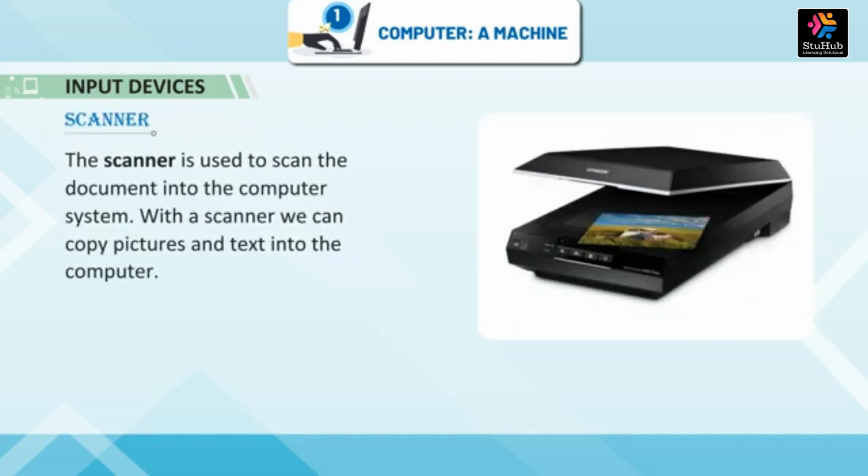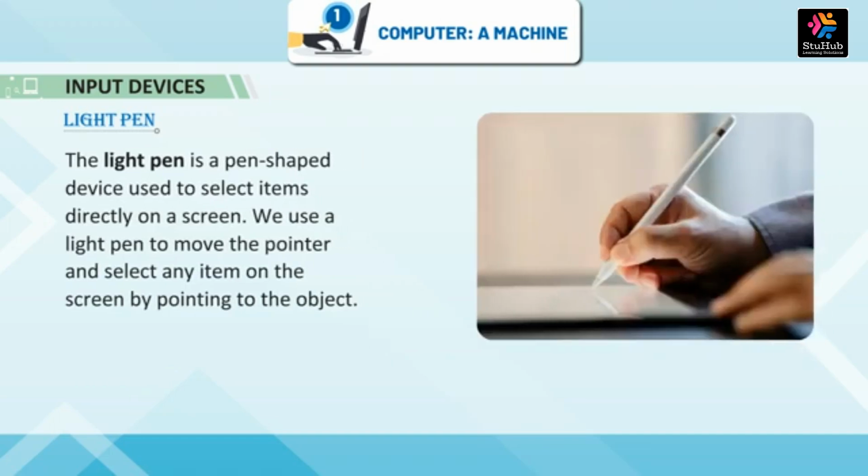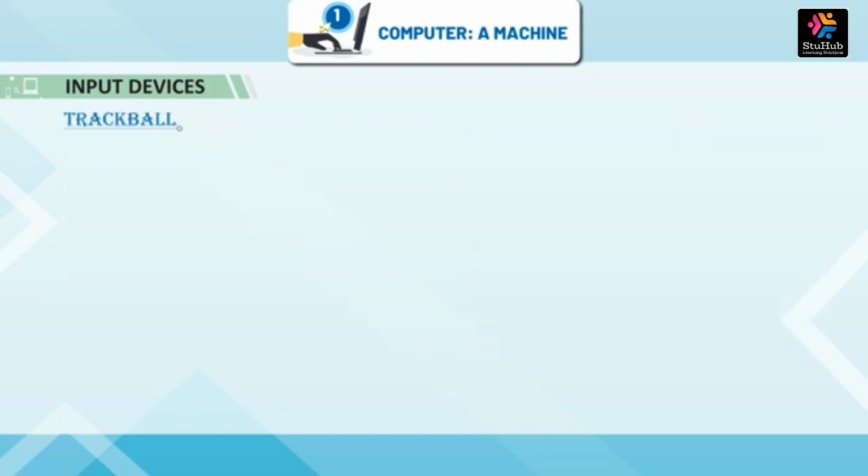Scanner. The scanner is used to scan the document into the computer system. With a scanner, we can copy pictures and text into the computer. Light pen. The light pen is a pen-shaped device used to select items directly on a screen. We use a light pen to move the pointer and select any item on the screen by pointing to the object. Trackball.